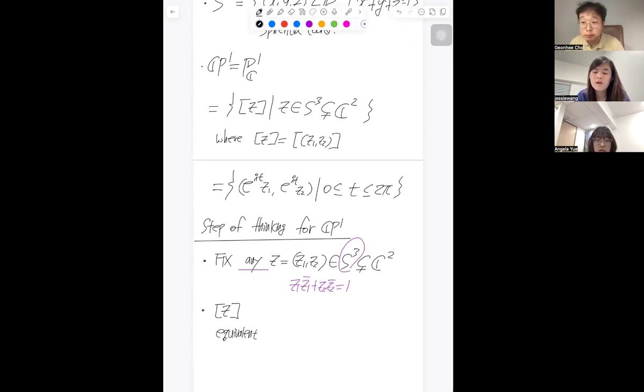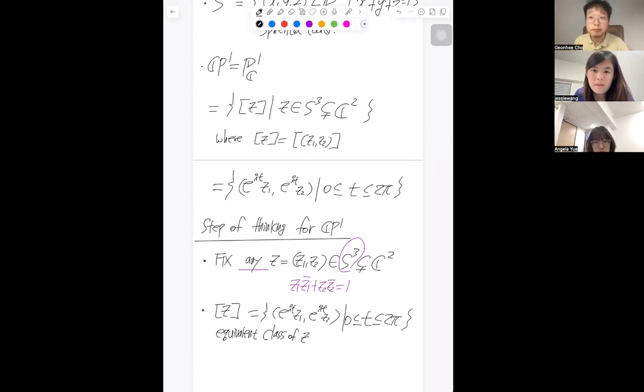In the terms of problem set 3, the equivalence class of Z is defined as I already wrote, but let me just rewrite it again. Because Z1, Z2 are already fixed, it makes sense to consider each pair depending on t, and we consider the range of t from 0 to 2 pi, but it can be any vector here. So this is a description.